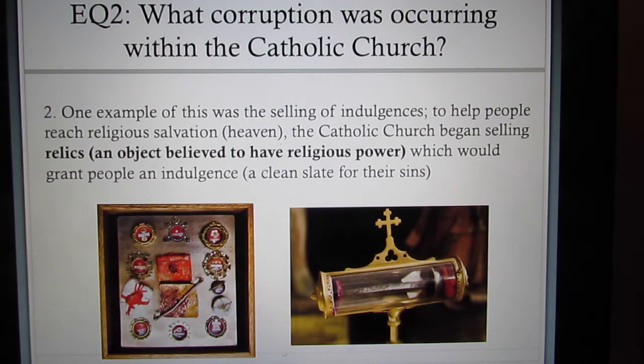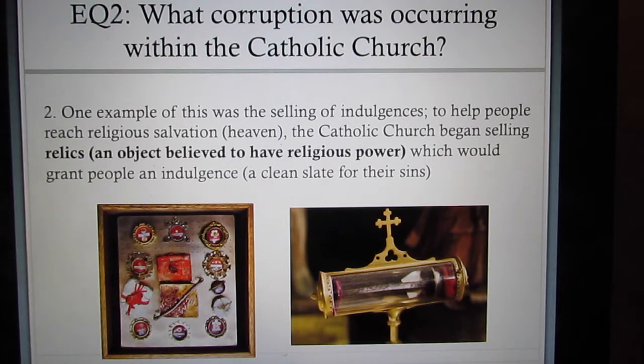So when you think of indulgence, people are buying these tangible objects to help reach salvation. Salvation is also known as acceptance to heaven within the Christian religion. So now we see the Pope and the church hierarchy system selling indulgences to help people reach salvation.